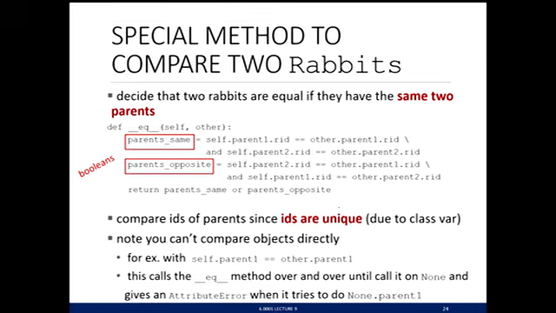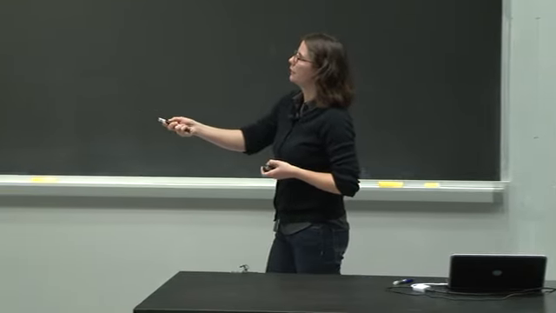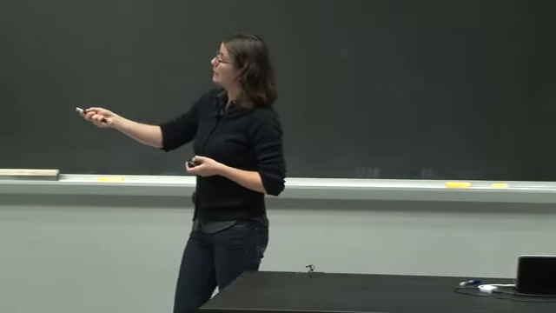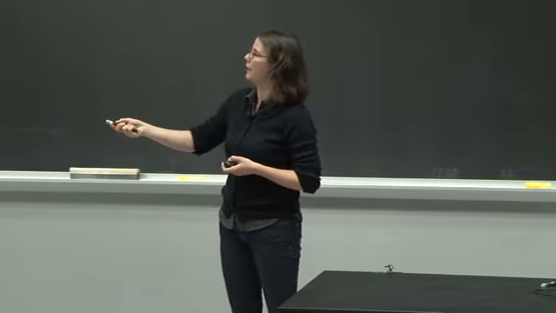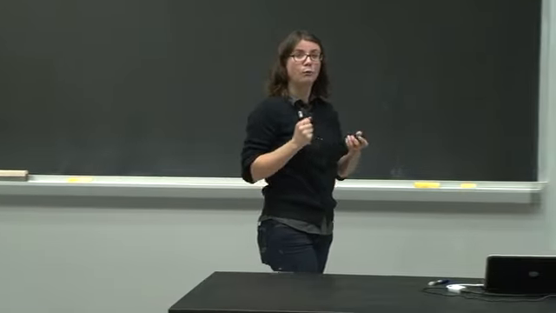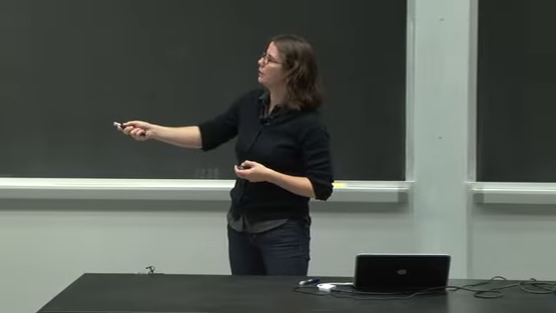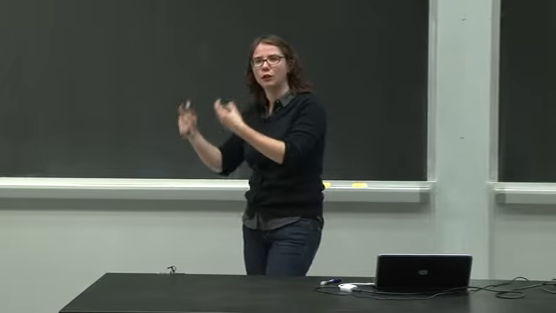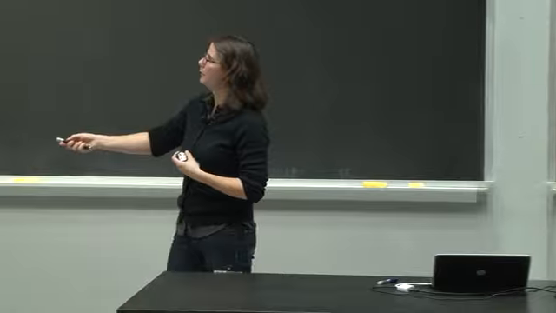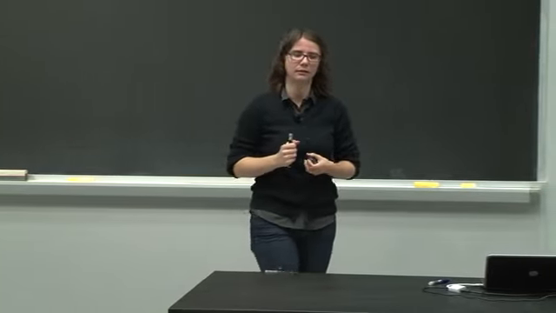Okay? So here notice that I'm actually comparing the IDs of the rabbits as opposed to the rabbit objects directly. If instead of comparing the IDs in here, I was comparing the parents themselves directly, what would end up happening is this method __eq__ would get called over and over again because here we have parents that are rabbits.